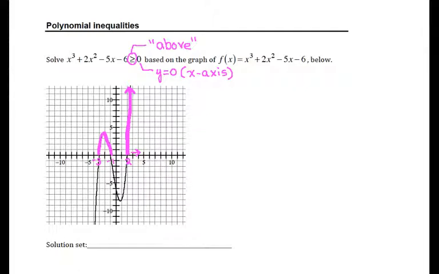So my solution set, now I'll consider the fact that this is greater than or equal to rather than just strictly greater than, and that tells me that my endpoints are all included here where it's equal to 0, so that my solution set starts at -3, goes up to -1 using square brackets, then I'll put a U for a union symbol, starts over again at +2 and goes to positive infinity, with only a round parenthesis at infinity because we never include infinity in our interval.